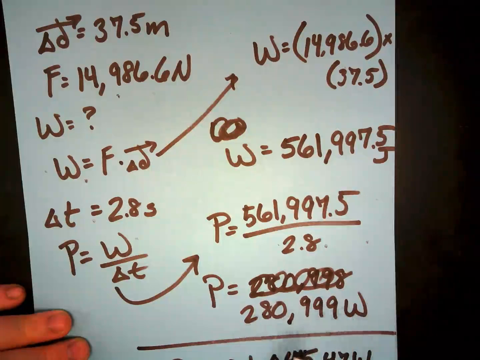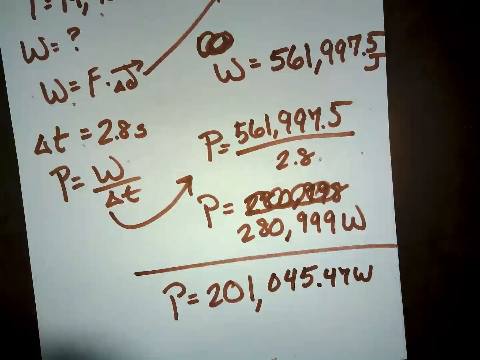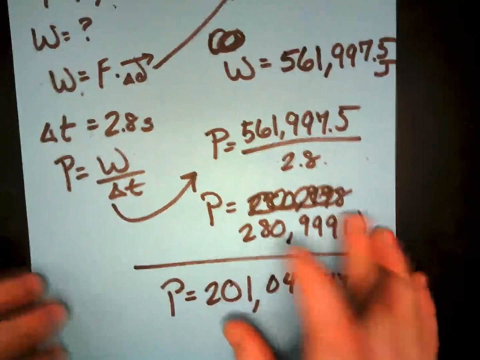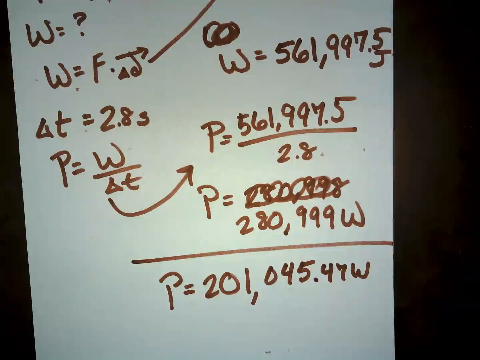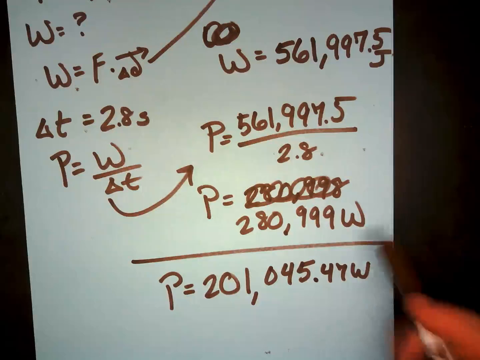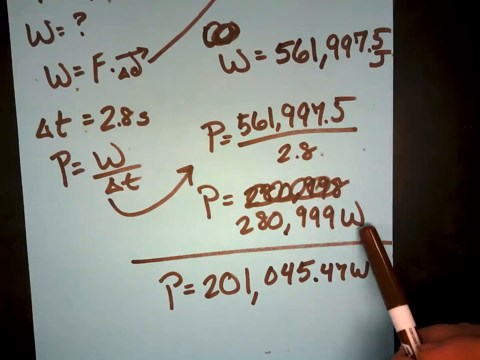My key says 201,045.47 watts. So there's quite a discrepancy between what I just solved for and what the key in these original notes shows. I might play around with this today and maybe post a quick video showing where I went wrong. But as of right now, this is what we should have come up with.